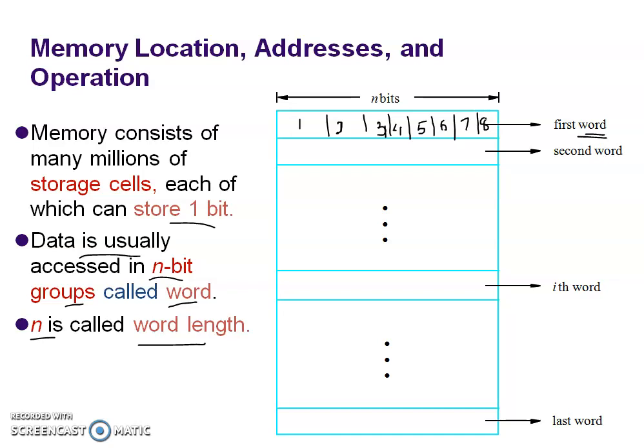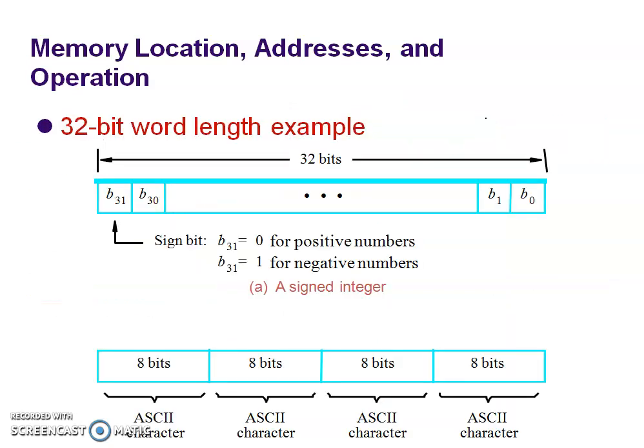So 8 cells will be there, and each cell will have a bit of information. How the cells are arranged in order to store an integer or a character is shown in this picture.